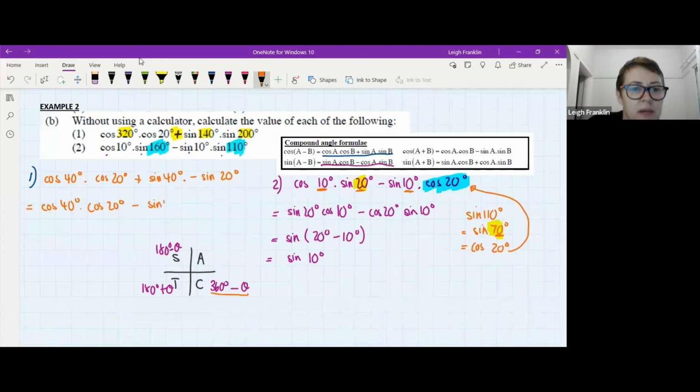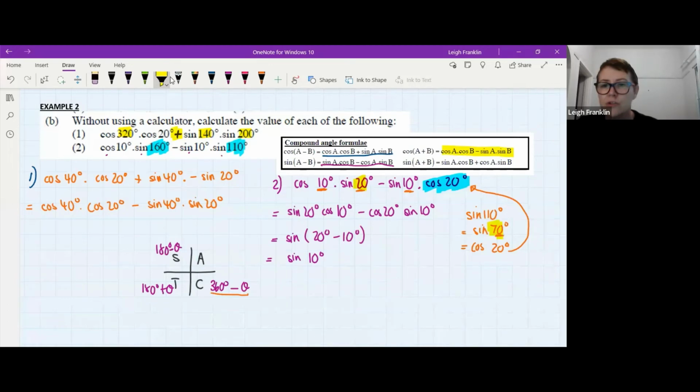So this gives me minus sine 40 sine 20. Now I can see that I've got my cos, my cos, 40 here, 40 there, 20 here, 20 there. So it looks identical to my compound angle formula, the one over here that I'm highlighting in yellow.